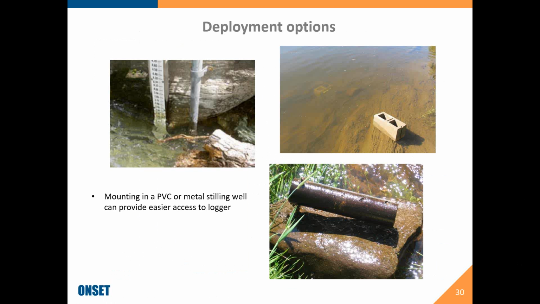One thing you do have to be careful with for conductivity measurements is if you put it in a metal stilling well, that can affect your conductivity measurements, and it really should be mounted in a PVC stilling well, because the PVC won't have much of an impact at all on your conductivity measurements.